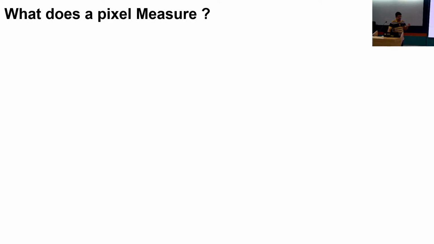Does anyone know what it measures? Light. Yes, basically it gives some sort of brightness from that particular surface. That is basically what it captures, right? So that is what we would like to model now.